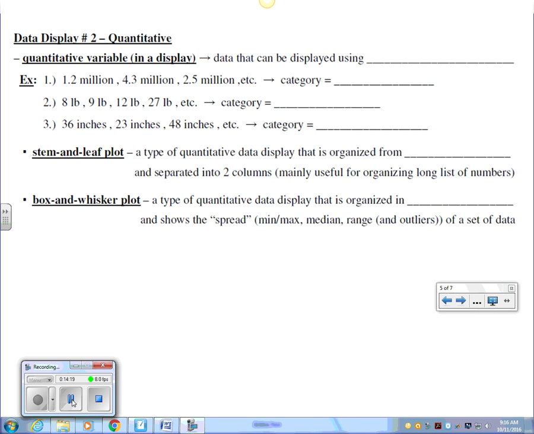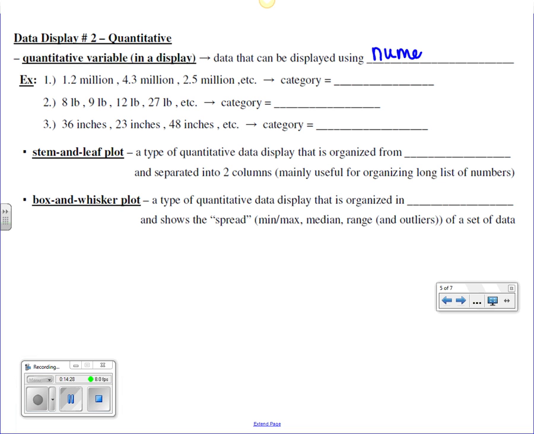All right, so if it's quantitative variables, this is data that can be displayed using numerical values. So that means numbers. Okay, if it's quantitative, numerical values.